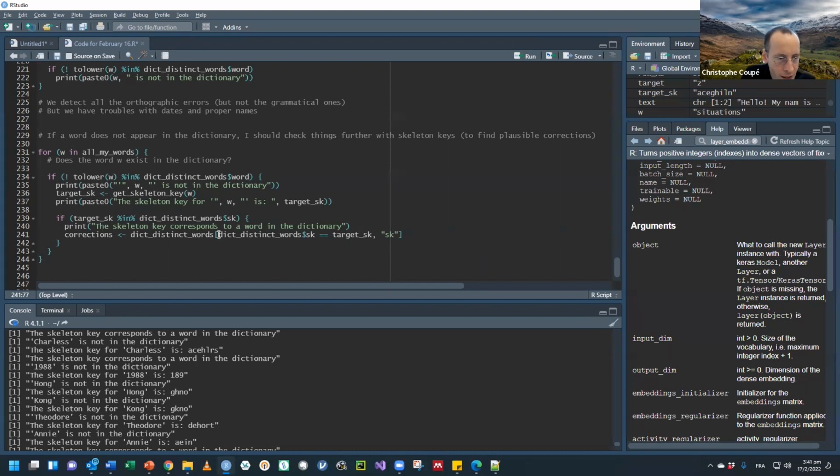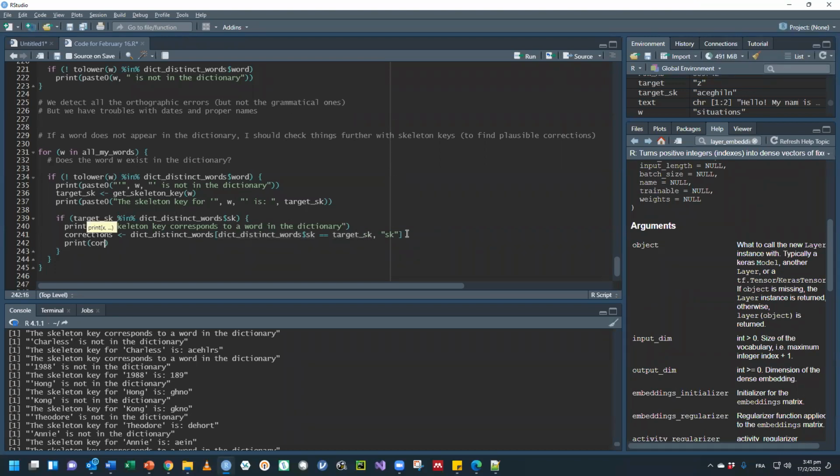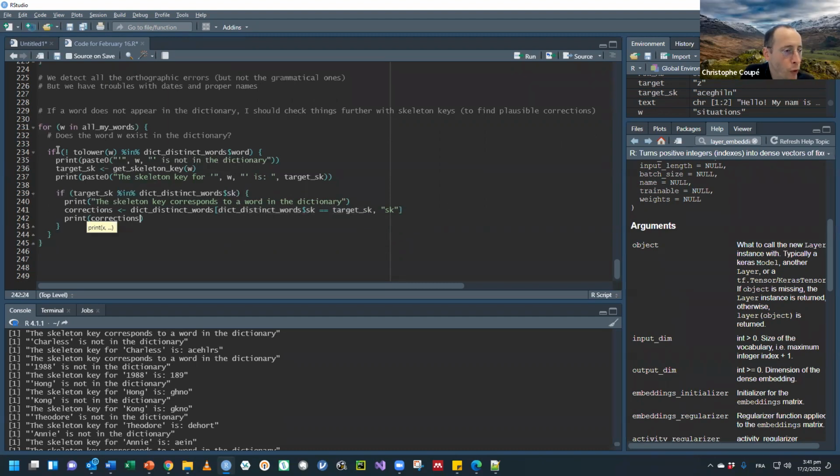So I select only the rows where the skeleton key in the corresponding column is the same as my target skeleton key. And then I select for the column, for the result, the word. So now I will have selected a number of words, and maybe I can print them. And then we are going to see what we get as plausible corrections.